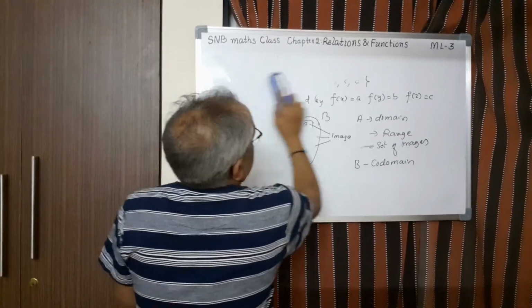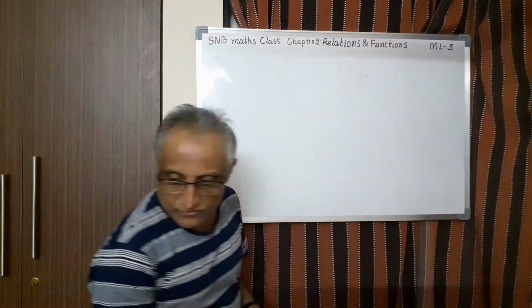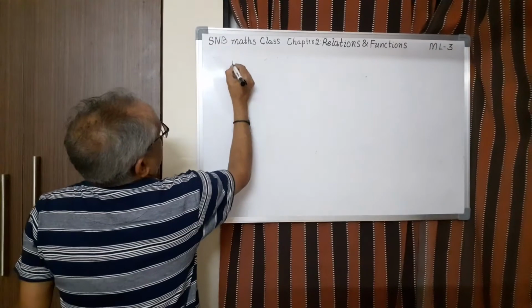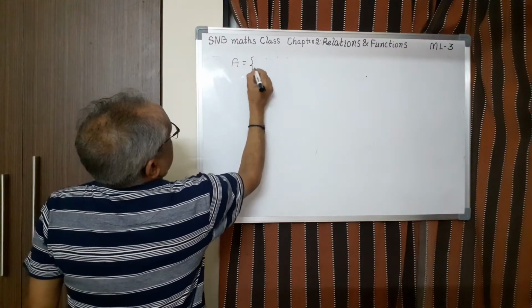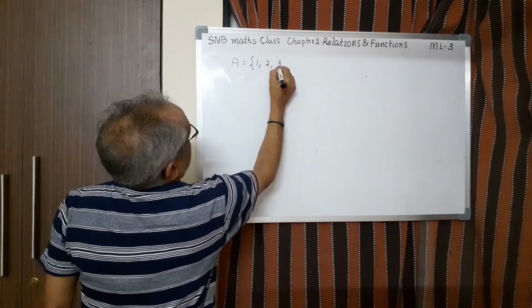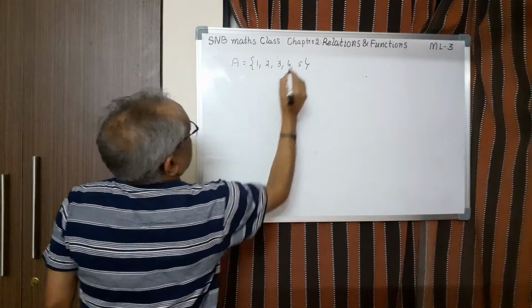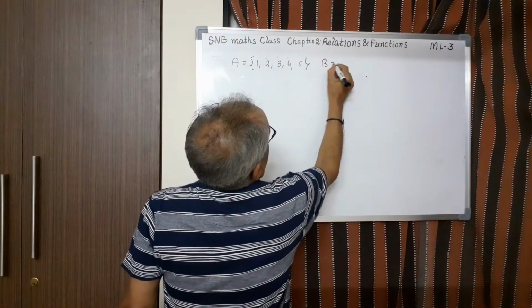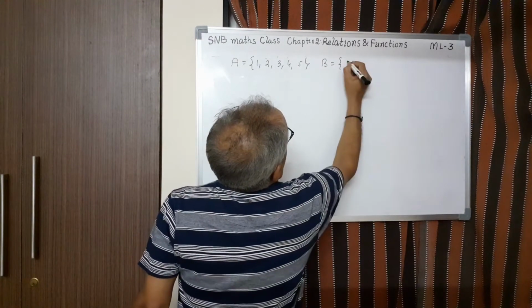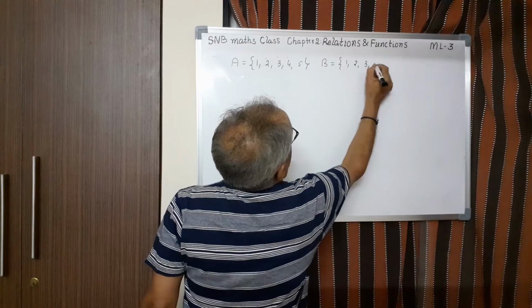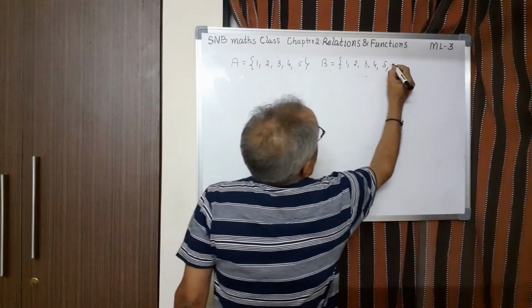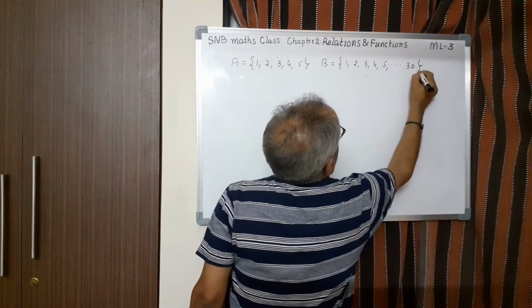Now let us take a few examples of functions. Say A equal to {1, 2, 3, 4, 5}. Then B equal to, let us say, {1, 2, 3, 4, 5, etc.} up to say 30.